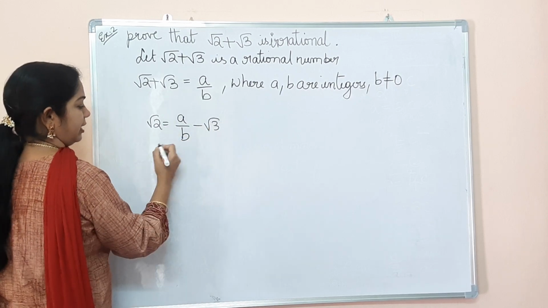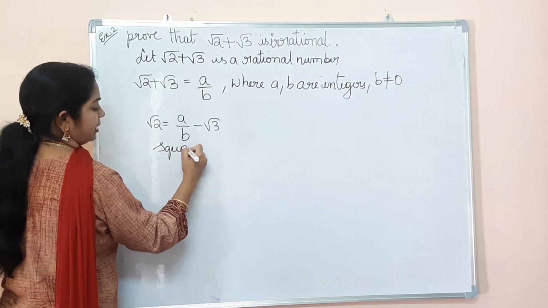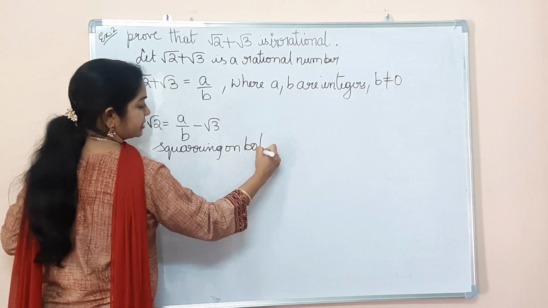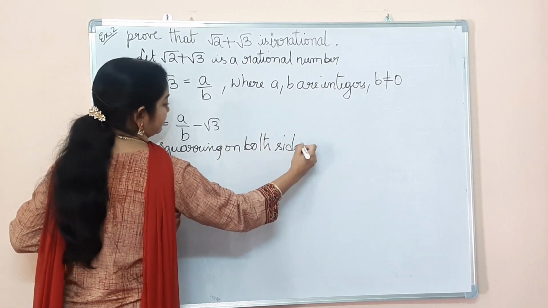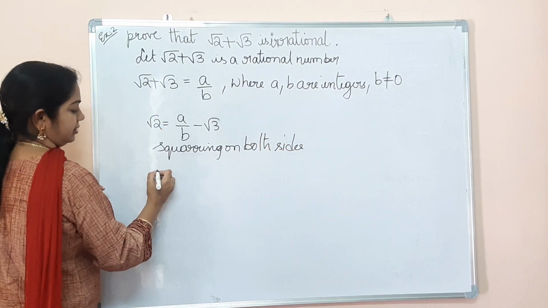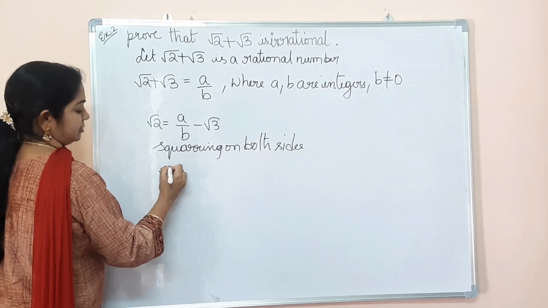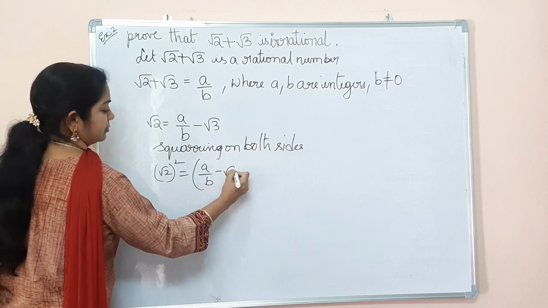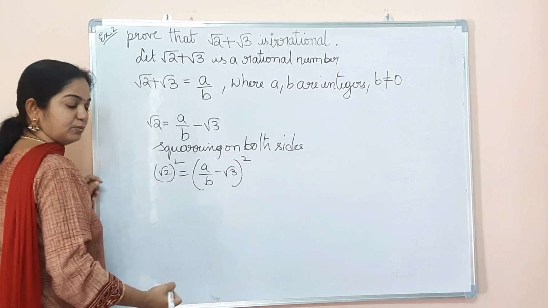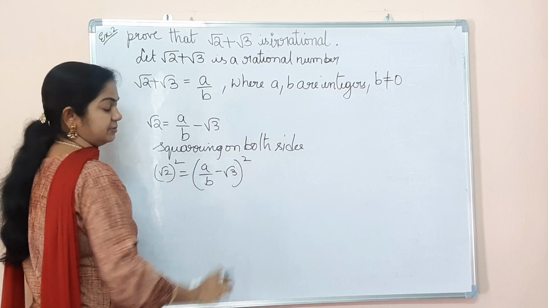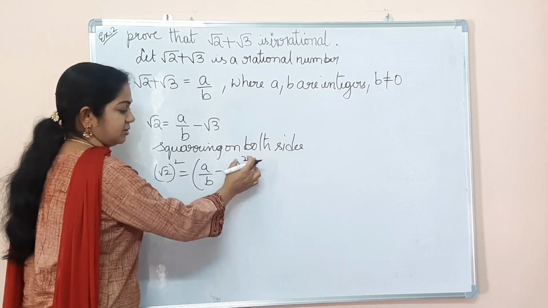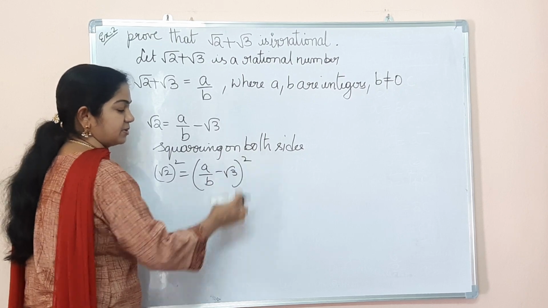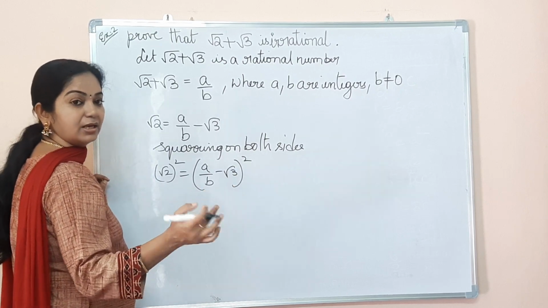Squaring on both sides. If you square here, it becomes just 2. On the other side, A by B minus root 3, using the algebraic identity (A minus B) whole square is A square plus B square minus 2AB.